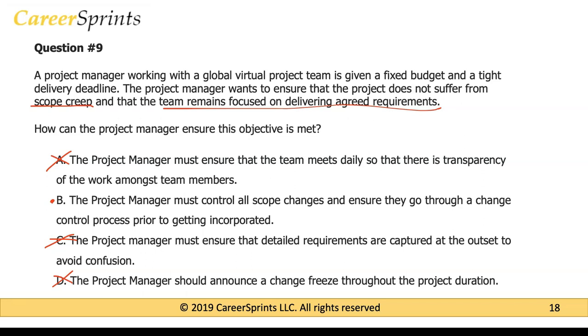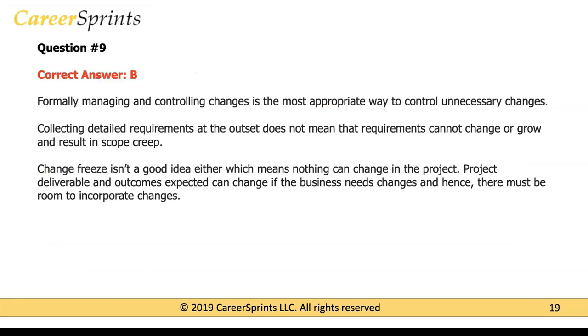So change is a very important section or concept in the PMP exam. You can expect a lot of questions from change. So it is very important to understand how changes are dealt with in an agile versus a waterfall environment. So B is going to be the correct answer. So if you go to the next page, you will be able to see the explanation why B is the correct answer.